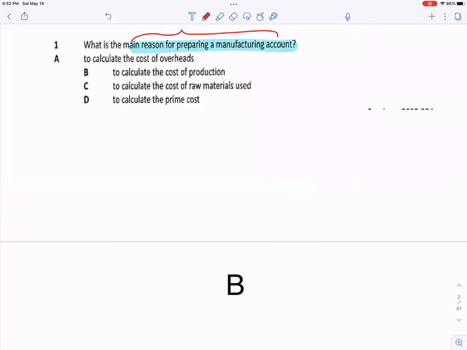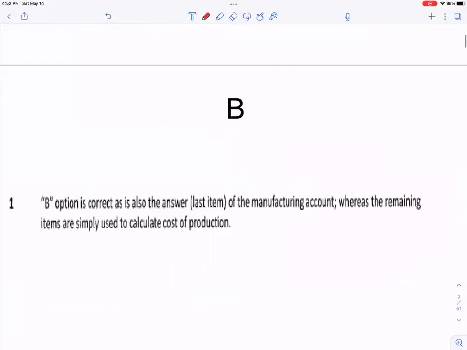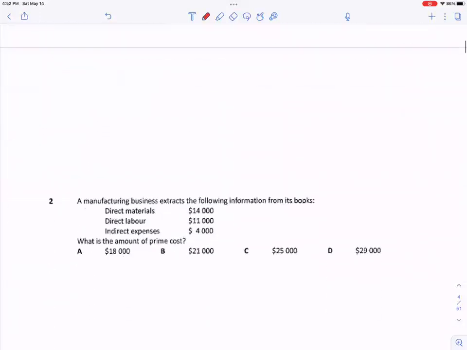What is the main reason to prepare manufacturing account? To calculate cost of production. Calculate the cost of production. Very good.